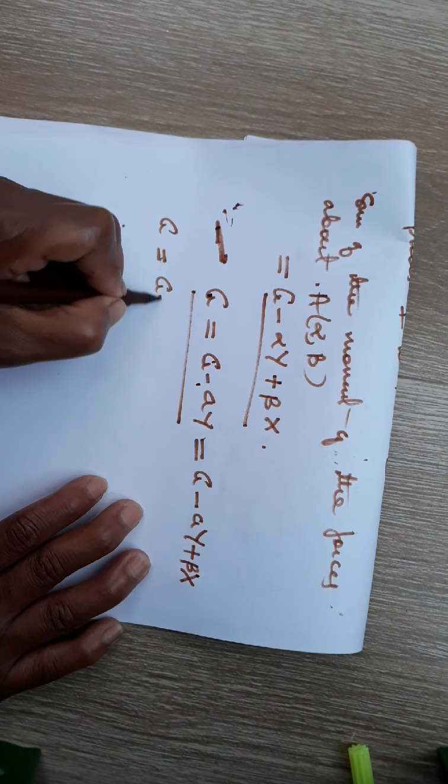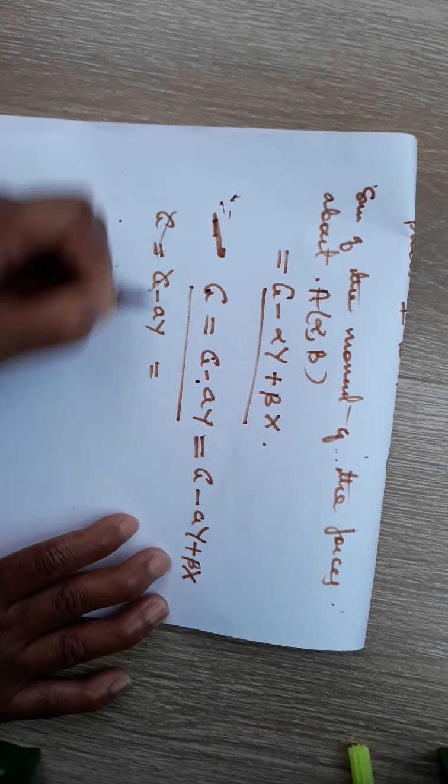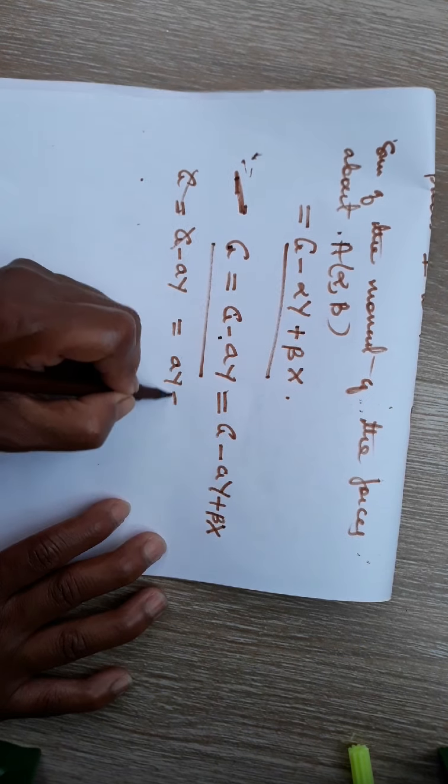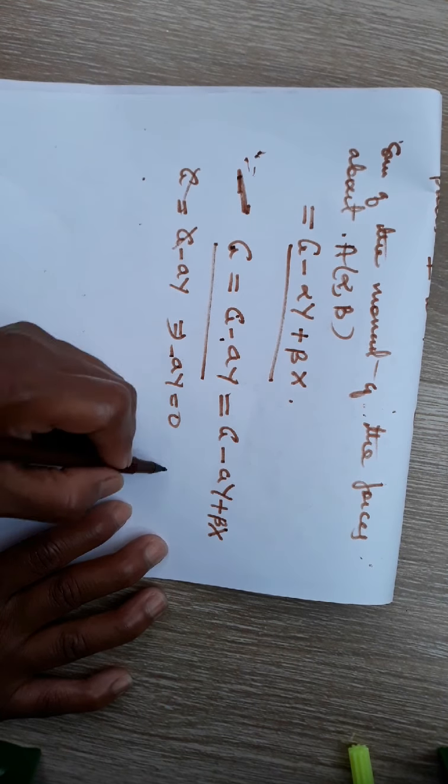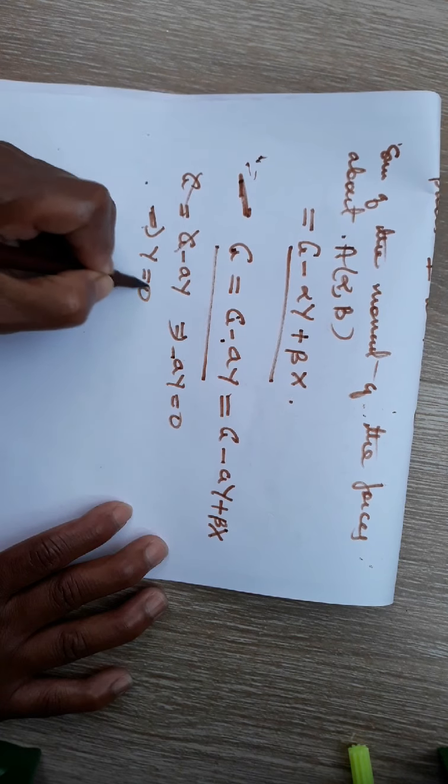G is equal to G minus aY. G and G can be cancelled, which implies that aY is equal to 0, but a can never be equal to 0, so Y is equal to 0.